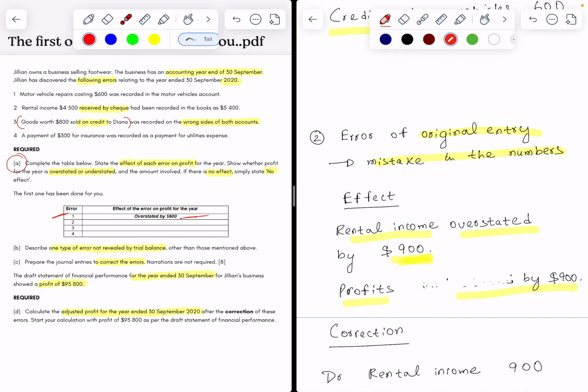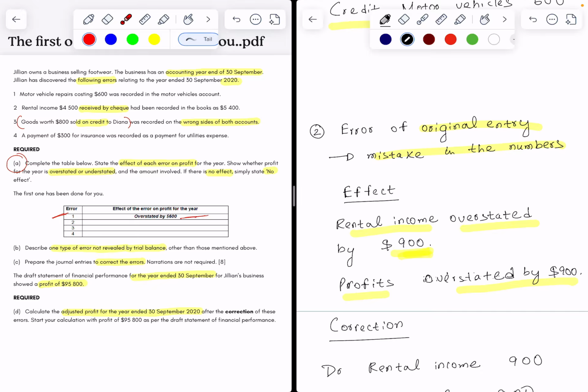So obviously when income is going up by 900, my profits must go up by $900, okay? So that's the effect of the error. So in the first part, for error number 2, you just need to write here in this table, overstated by 900, okay? So obviously, my handwriting is not good here, but you get the idea anyway, all right?